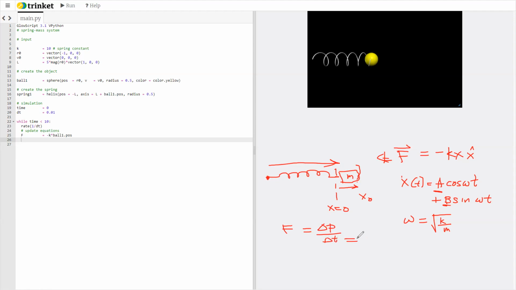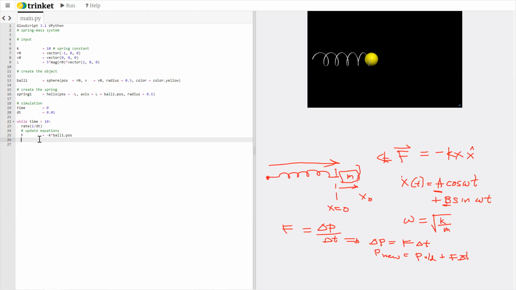If you write the update equation, delta P is equal to F delta T, or P new is equal to P old plus F delta T. That's the update equation for the momentum. It has the same role as the update equation for the velocity.